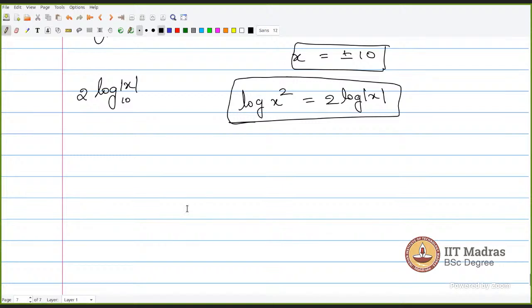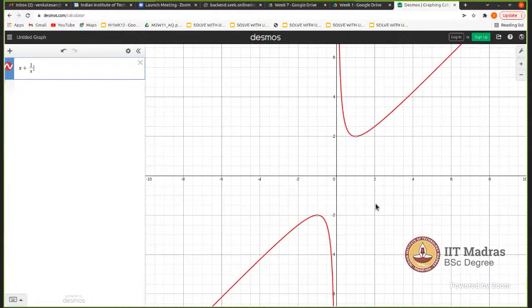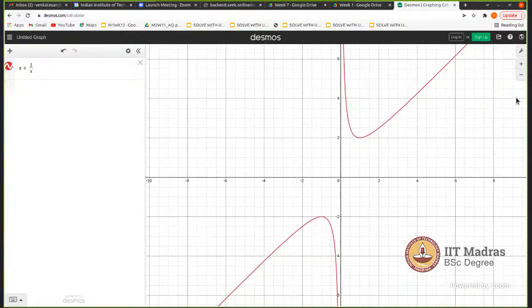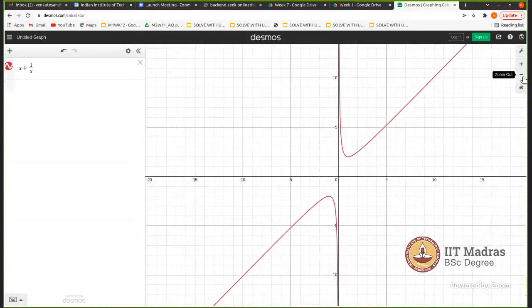Is there any x such that f of x takes value 0? No. Let me plot it in Desmos.